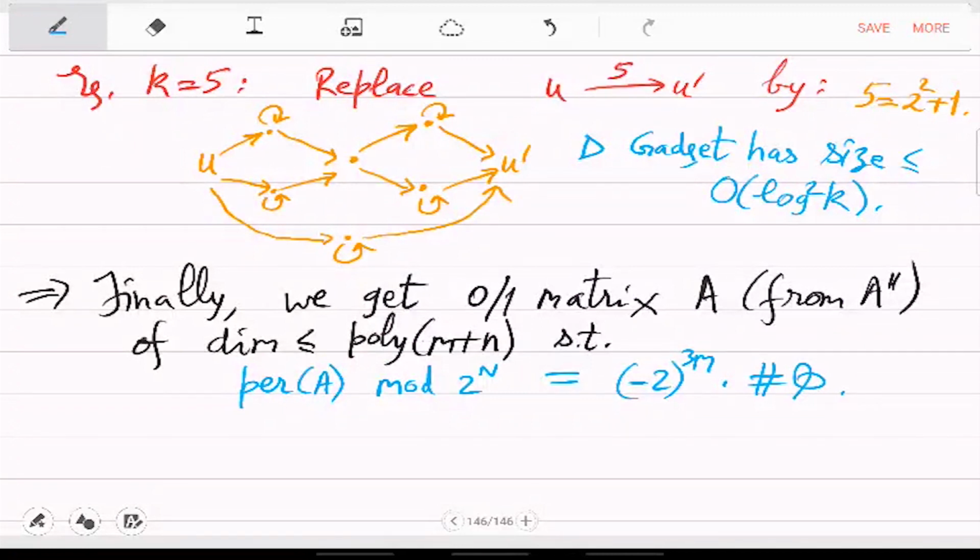For m even, this is an exact equality. For m odd, you can use the negative remainder, and in both cases, by division, you will get the number of satisfying assignments.